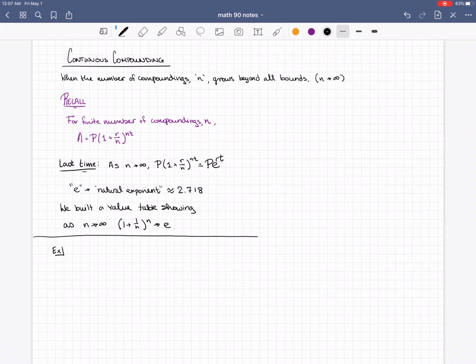Okay. So let's say that we have the following question. How long will an investment at 3% compounded continuously take to double?